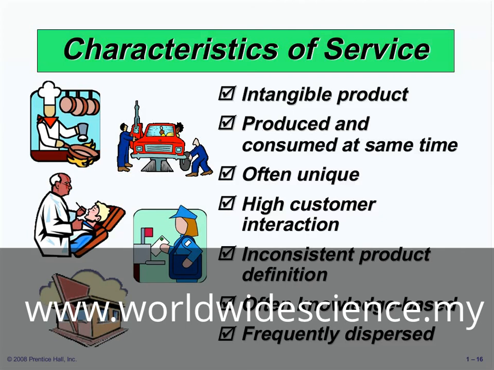As I told you, goods have a consistent product definition, but services have an inconsistent product definition. It means that the definitions for goods are stable. They don't change. For example, an automobile is an automobile. Only the features of the automobile may change, not the definition.